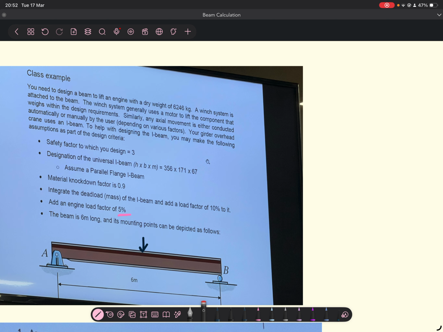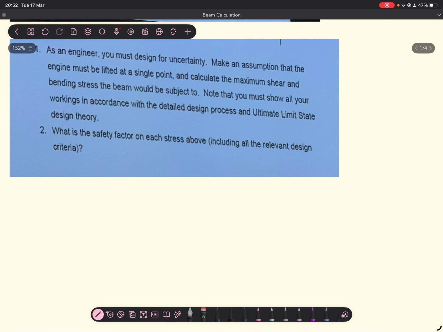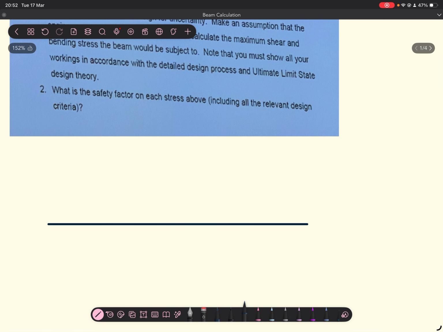So we're adding the weight of the oil as a factor of 5%, right? And then we're told that the beam is 6 meters long. So first step, free body diagram. So you're going to have your reaction forces, and then the weight is going to be basically a uniformly distributed load.